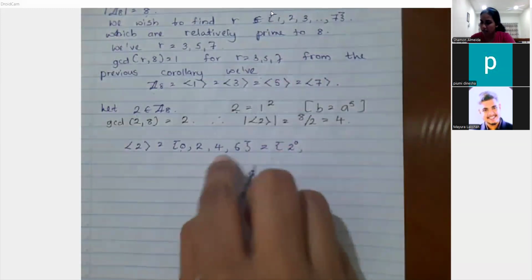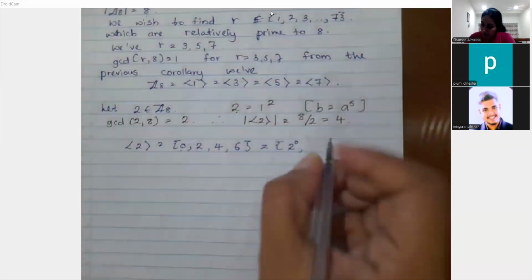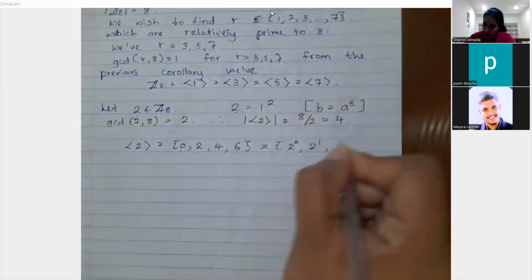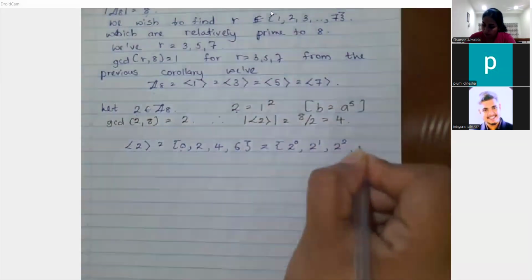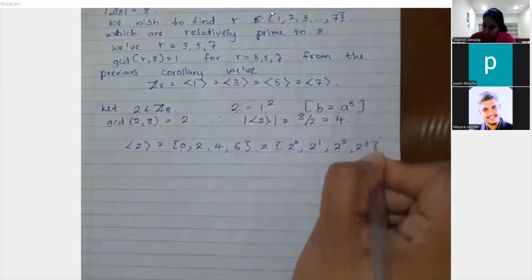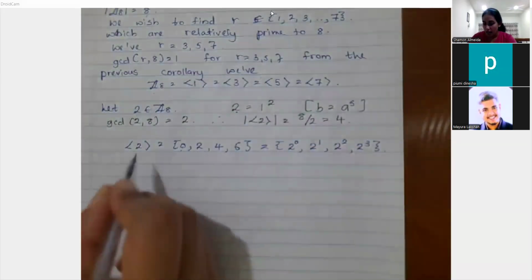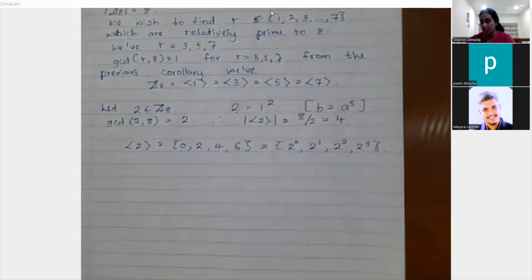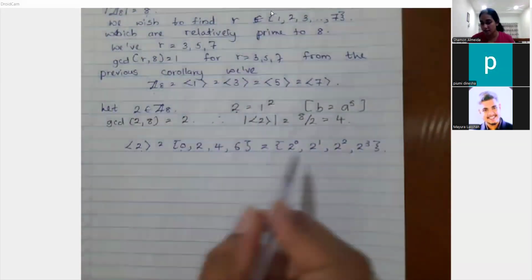If I write all these elements as the powers of the generator, which is 2, we have 2 raised to the power of 1, 2 raised to the power of 2, 2 raised to the power of 3. Okay. What other generators are there for this group? Is it the only one, or do we have any other generators for the same group?